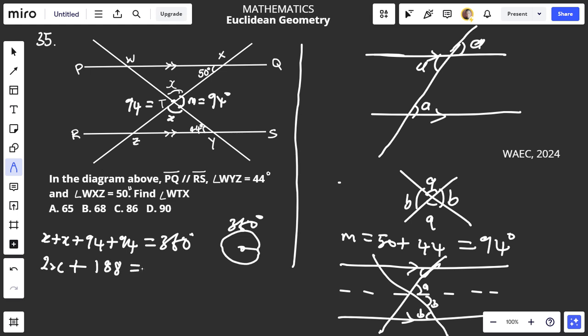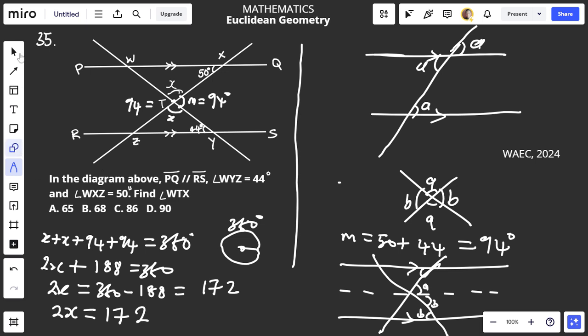188 plus 2x equals 360. So our 2x will be equal to, you take 188 to the right side to operate with it, so that will be 360 minus 188, which will give you 172. So we are left with 2x equals 172.